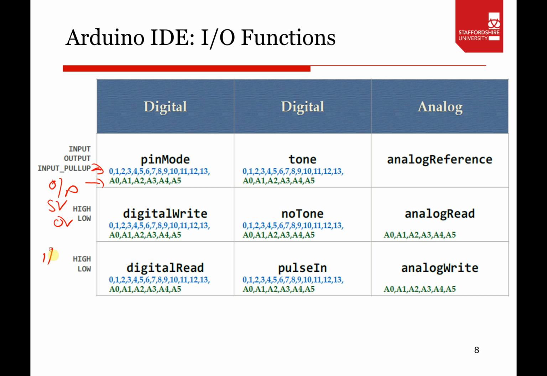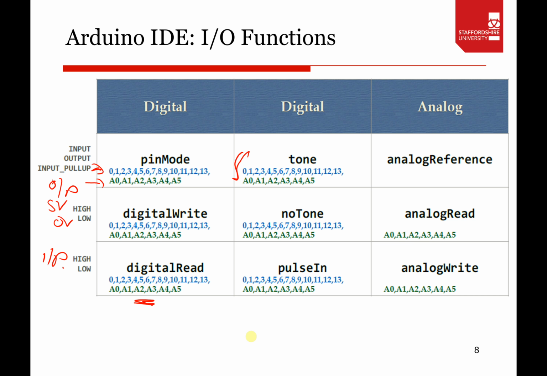When this is an input pin, you would use digitalRead in your program to say what the value is, is that pin high or low. Tone is output a specific tone, or a signal with specific frequency, to a particular pin. noTone, stop the tone.